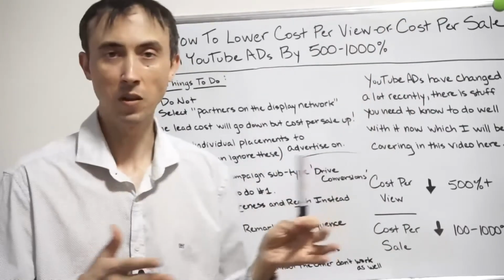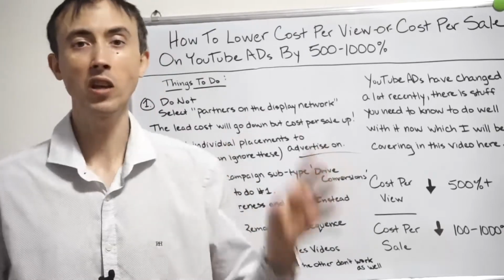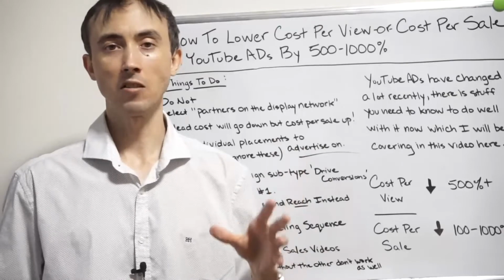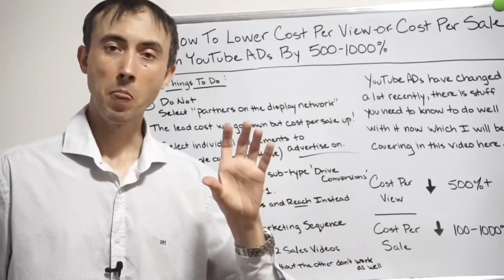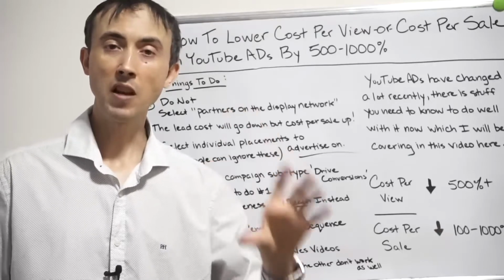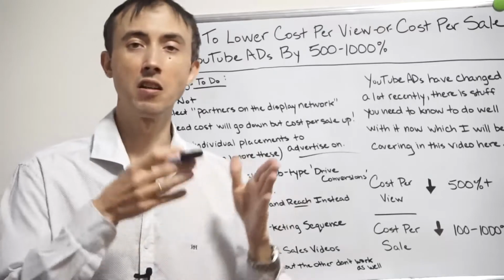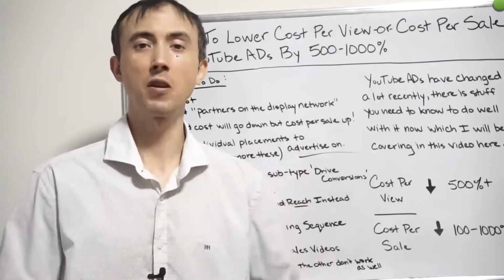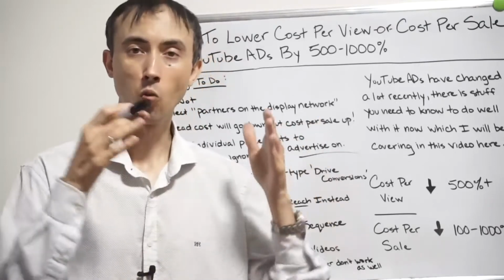In short, to fix this, or where you don't have to worry about this, make sure your campaign only has placement targets itself. And the placements being the exact list of URLs or videos that you want to advertise on, to have laser targeted ads, set up so that it's very efficient for you right away.